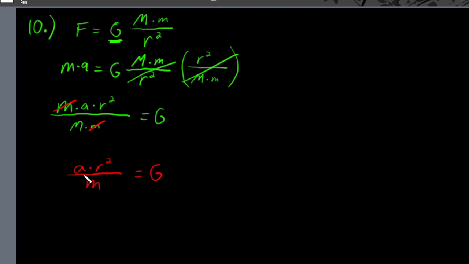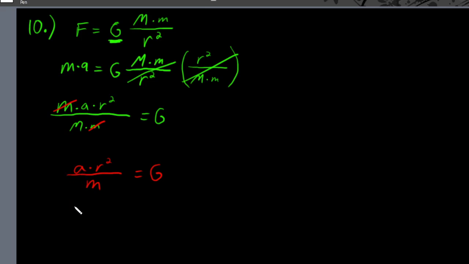Now we have this as simplified as we can get it. Let's put units in and see what we're left with. So as I substitute for units, let's move to a different color here.